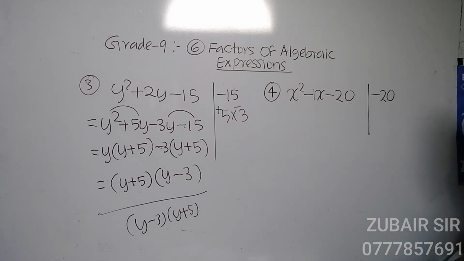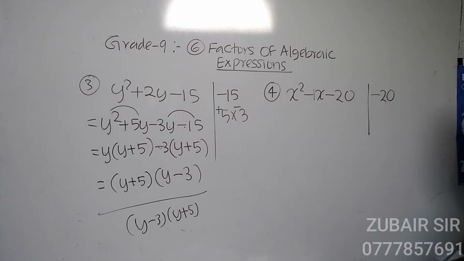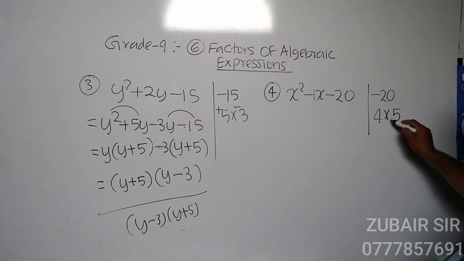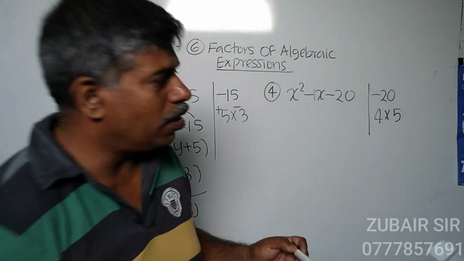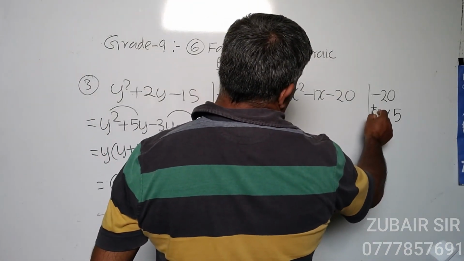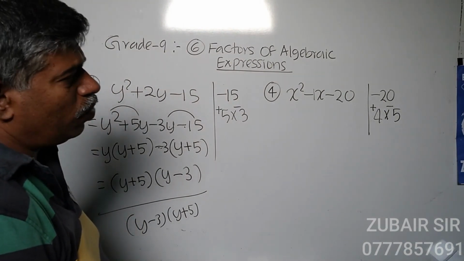So see, factors of 20: 1 into 20, 2 into 10, 4 into 5. So we can write 4 into 5. When you take away 4 from 5, you are getting plus 1. I have to get minus 1. Then how to get the minus 1? Do it in the opposite way. So plus for the 4, minus for the 5. 4 minus 5 is minus 1.